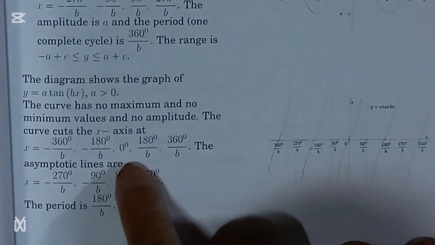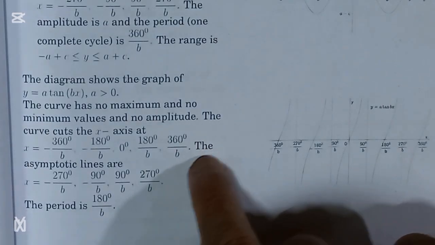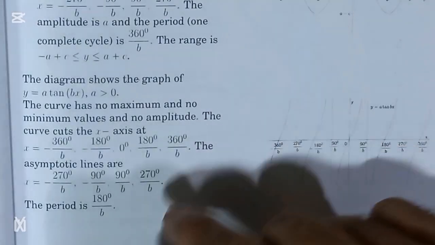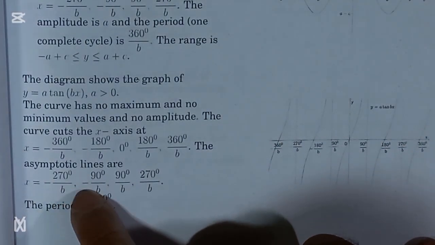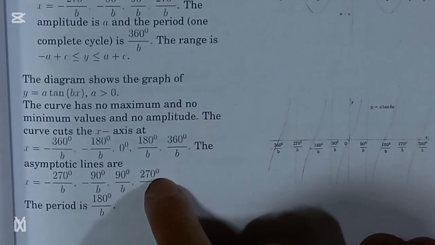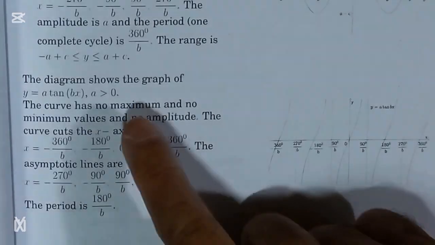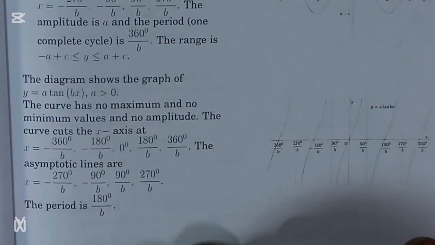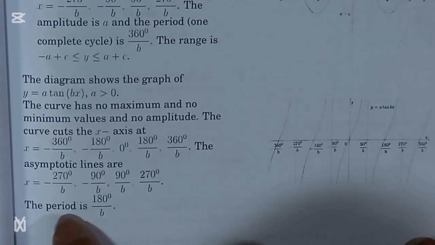Okay, next thing is the asymptotes. In the y = tan x graph they were at −270, −90, +90 and +270. The only difference in this graph will be to divide these values by b. And finally, the period in y = tan x was 180 degrees.